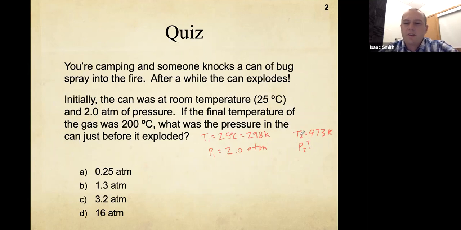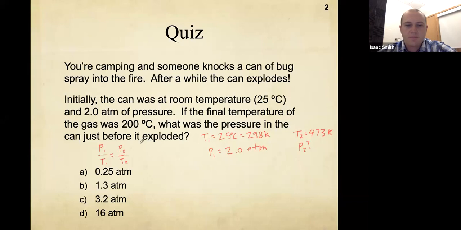So just writing these out, you can see that we're going to be using an equation that relates pressure and temperature, which we learned in the last lecture is Gay-Lussac's law. Because they're proportional, we have P1 over T1 equals P2 over T2, okay? And I showed a little derivation of that in the last lecture.